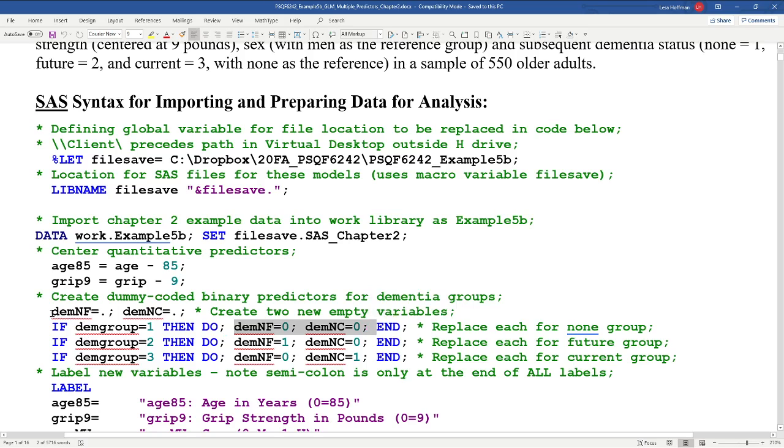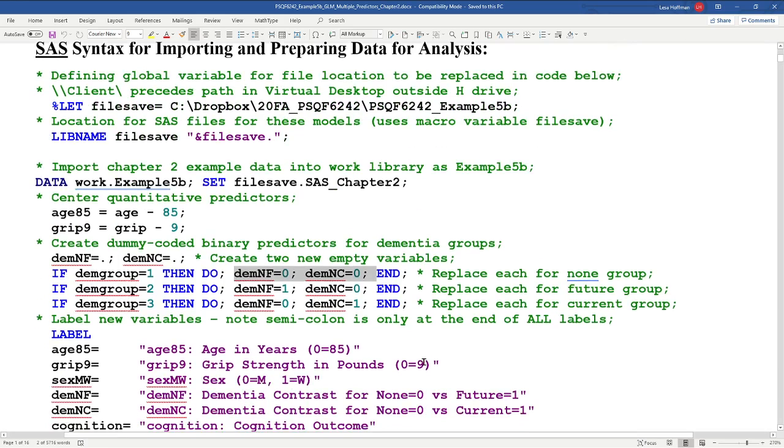So I've created new variables in this step. They're empty. I'm then going to fill them with zeros or ones based on whether or not we're talking about group 1, 2, or 3. So group 1, both variables I'm recoding are going to have zeros. That denotes the none group, dem group equals 1, as my reference.